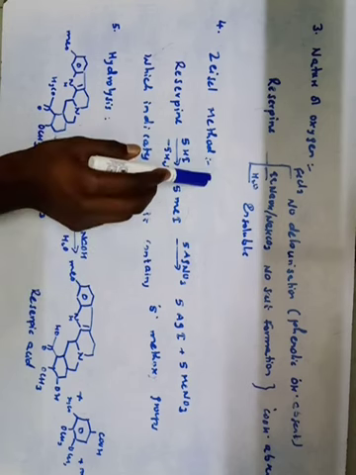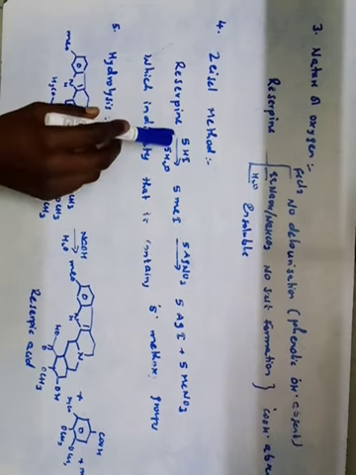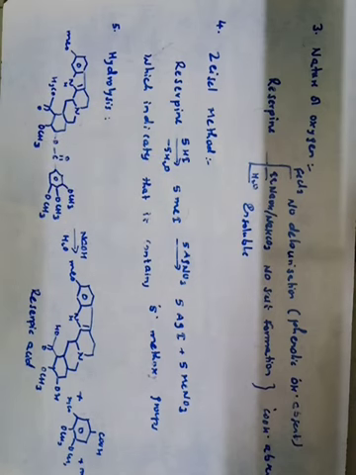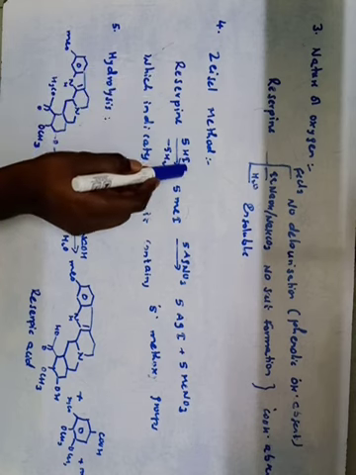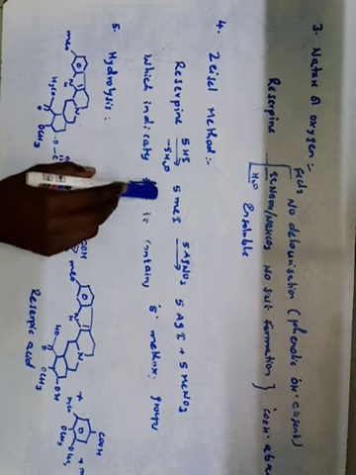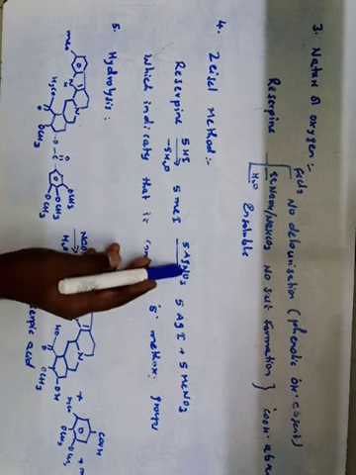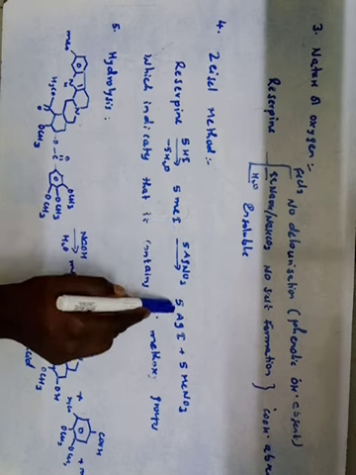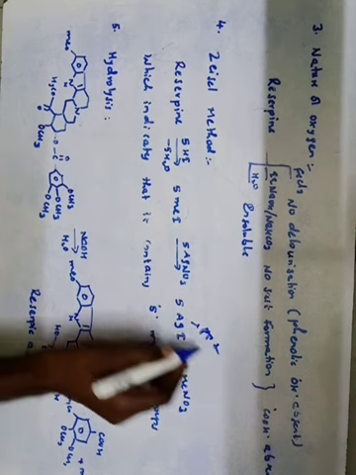Reserpine reacts with concentrated HI, resulting in the formation of alkyl iodide, which on reaction with AgNO3 forms silver iodide, the precipitate.